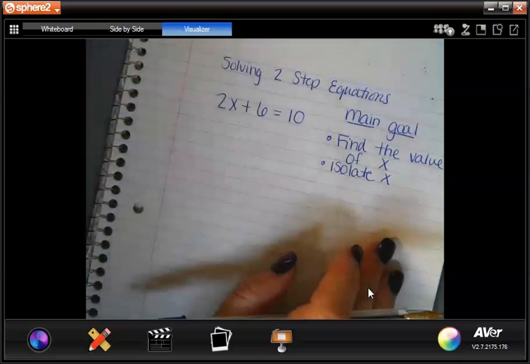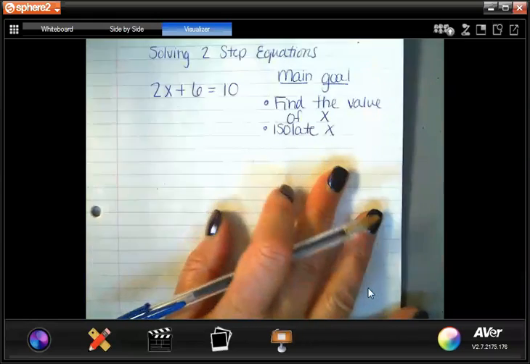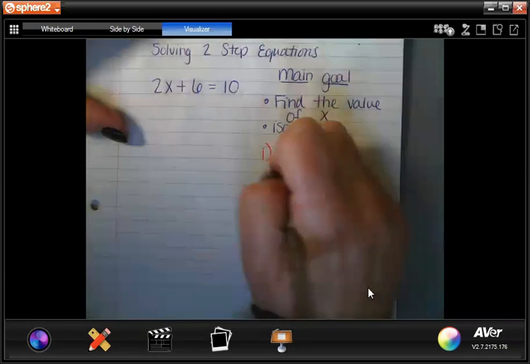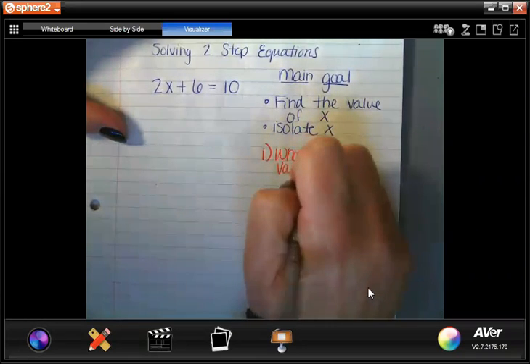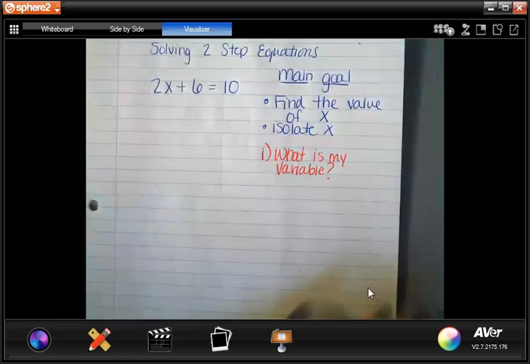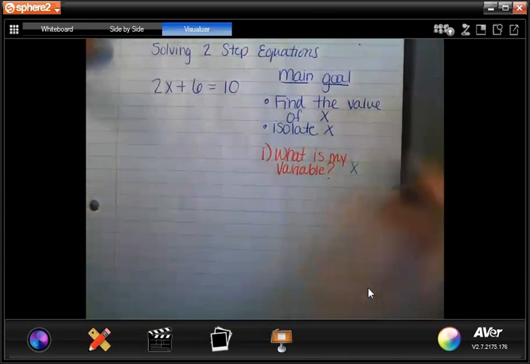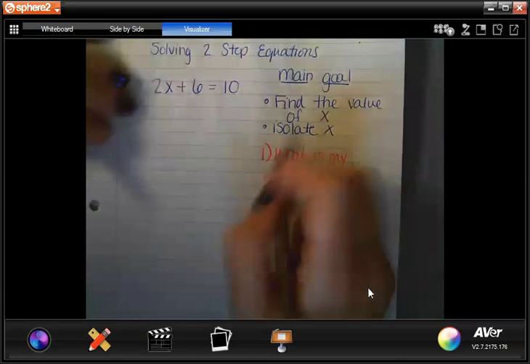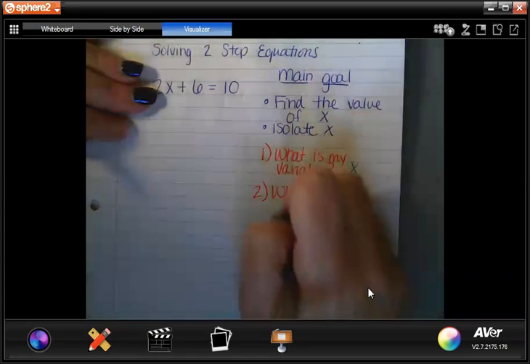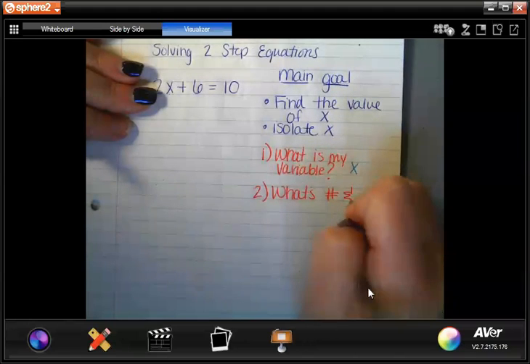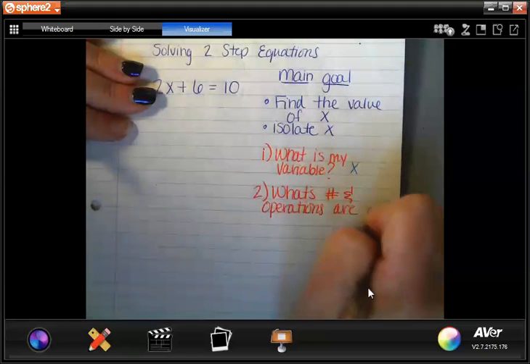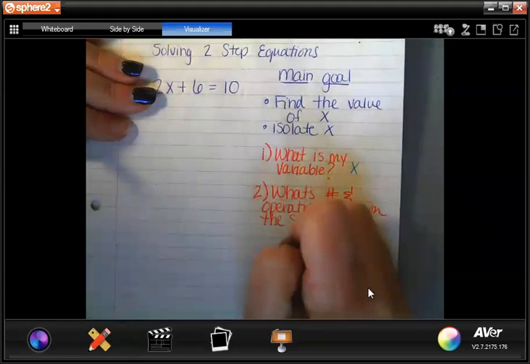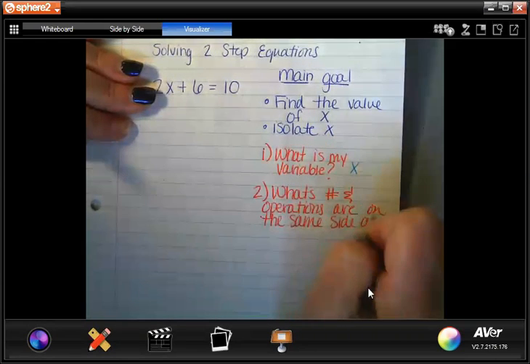First of all, there are some questions you should ask yourself. The first question is, what is my variable? Well, my variable is x. The second question you have to ask yourself is, what numbers and operations are on the same side as x?